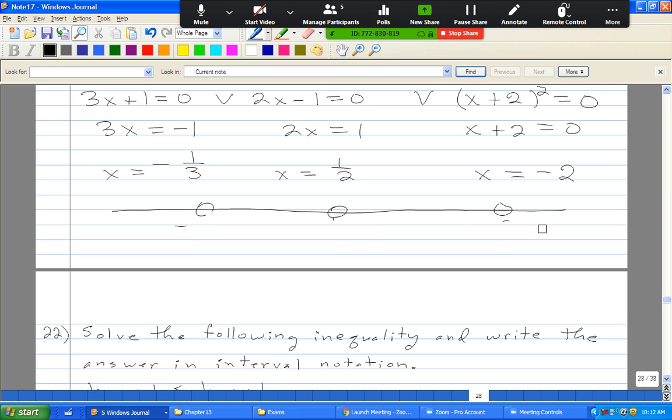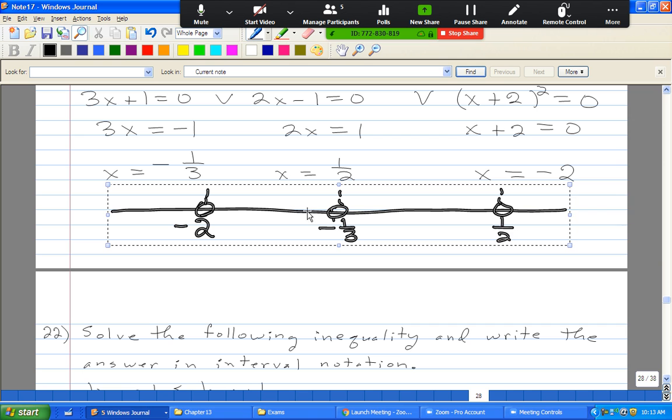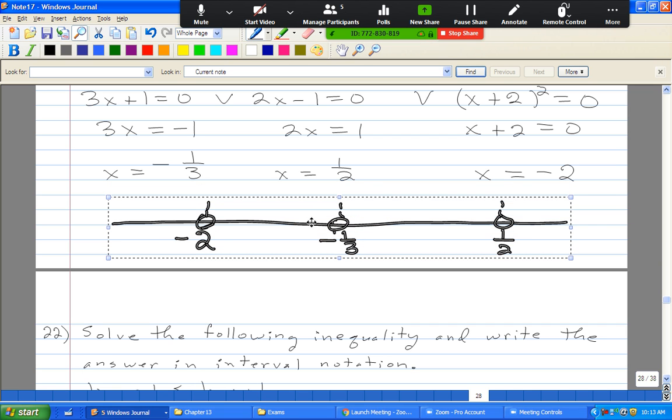Okay, that's a negative 2. I should have looked to see if that was a big number or not. So it's a negative 2, negative 1/3, and positive 1/2. Okay, so pick a number greater than, actually I won't have any room here, so let me go a little further down.